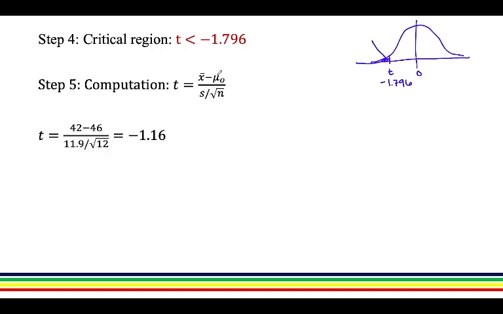So from the given, we can get a value of negative 1.16 for t. Actually, from this point, after getting the value of t, we can now conclude if we can reject or accept the null hypothesis. So, looking back at the graph of the normal distribution, negative 1.16 falls somewhere here.